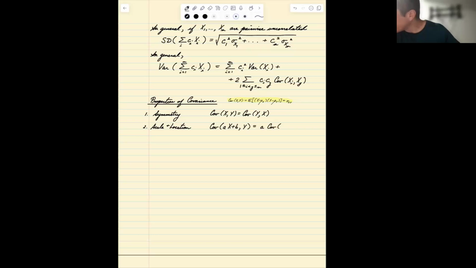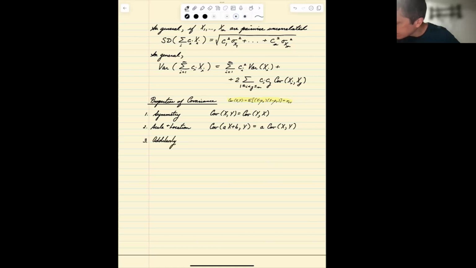Covariance is unaffected by changes in location, and we pull the scalar out, but we only get one of them. Remember, for variance, we get two of them, and that's kind of curious, that we get a squared times the variance of x. Here we just get a times the covariance. And that's because, in general, we'll see why in a second.